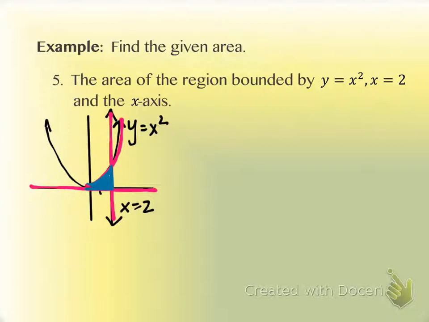Well, this is exactly what this notation means. It's an integral. And we have to identify what the x value is we start at and the x value we end at, moving from left to right. What x value do we begin at? 0. What x value do we end at? 2. And now I need to give the equation that I'm supposed to be underneath.